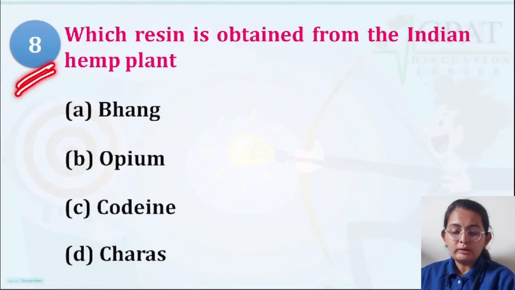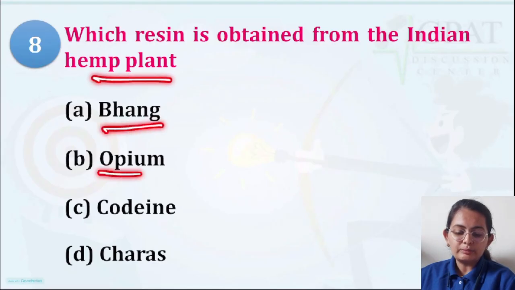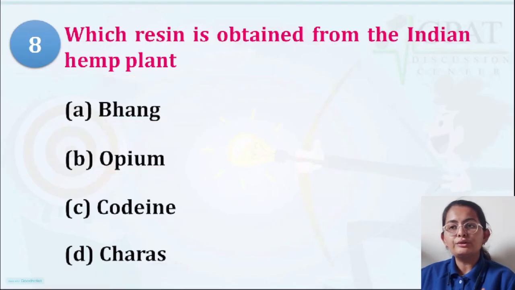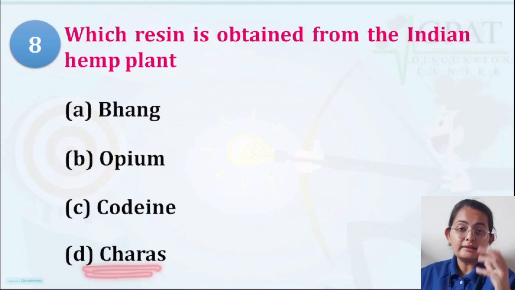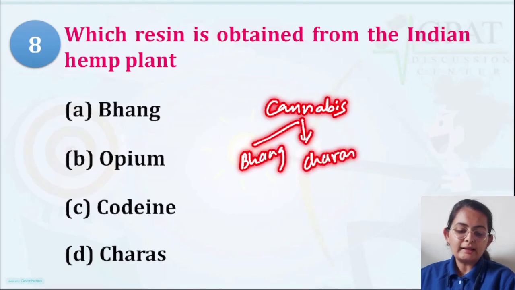Next, question number 8: which resin is obtained from the Indian hemp plant? Bhang, opium, codeine or charas. Again, I told you how to remember the resinous part. Resin starts with R. Cannabis has three parts: cannabis means bhang, cannabis means charas, and cannabis also means the green top, that is ganja.